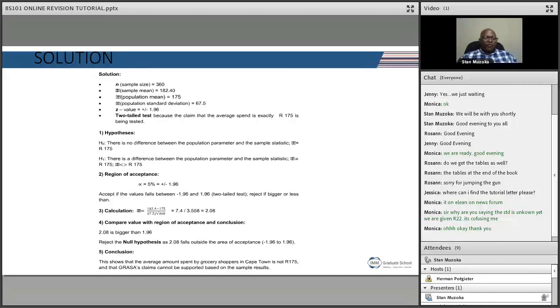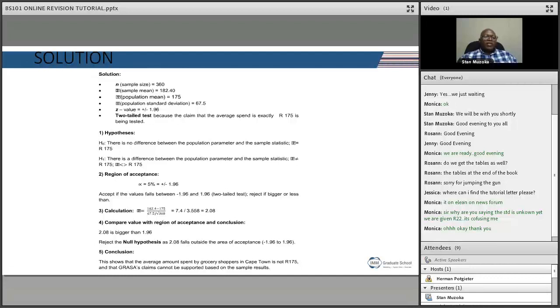The alternative will always negate, will be the opposite of the null. H1: mu is not equal to 175. If it is not equal to 175, mu is either less than 175 or larger than 175.